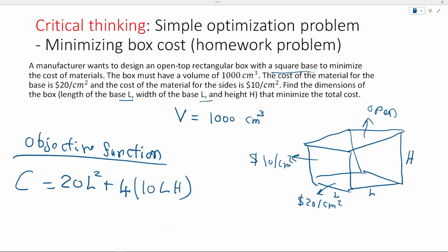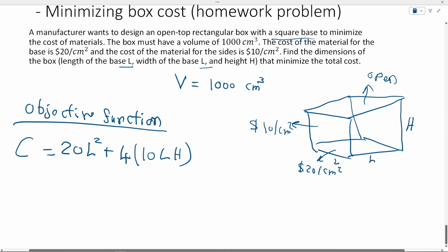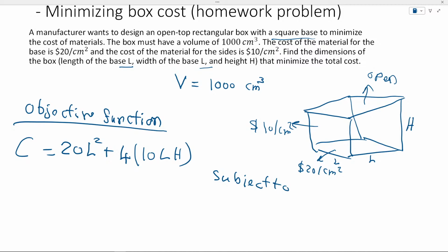So basically I get something that looks like this, and this is subject to a constraint. My volume is L L times H, so this is the volume: length square times height is equal to 1,000. Do you agree?